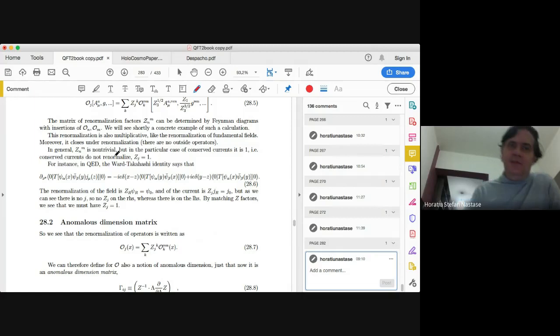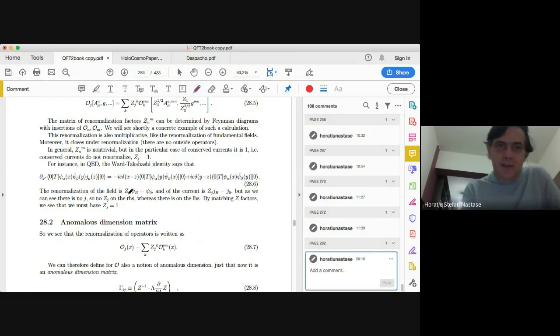And to see an example of that in QED, the Ward-Takahashi identity says that, in x space as opposed to momentum space, the derivative with respect to z^mu of the vev of psi bar with J^mu(z) inserted is minus ie delta(x minus z) times the 2-point function of psi bar, plus ie delta(y minus z) times the 2-point function of psi bar.